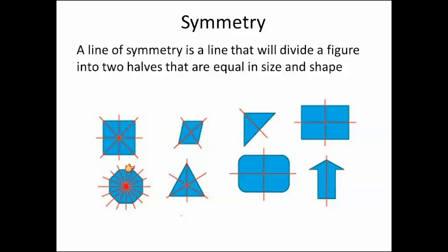Other figures will have multiple lines of symmetry. So, for example, this rectangle here, I can divide it down the center vertically and get the left half and the right half being congruent, or I can divide it across the middle horizontally where the top is congruent to the bottom.